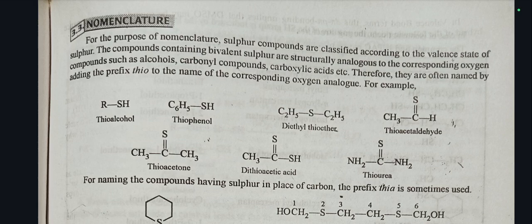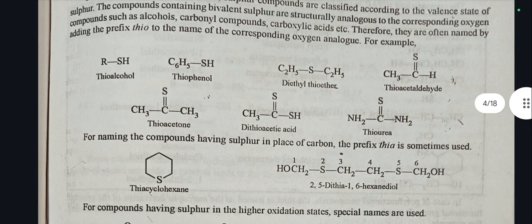Therefore, they are often named by adding the prefix thio to the name of the corresponding oxygen analog. For example, RSH thioalcohol, C6H5SH thiophenol, C2H5SC2H5 diethyl thioether, NH2C=SNH2 thiourea.